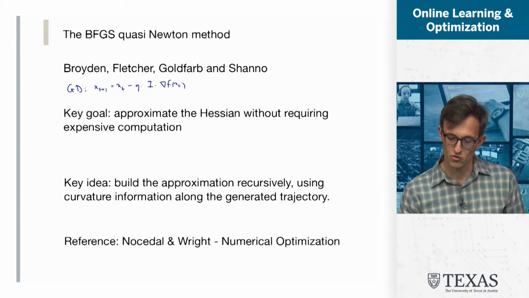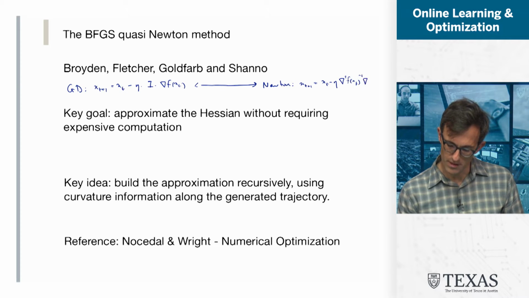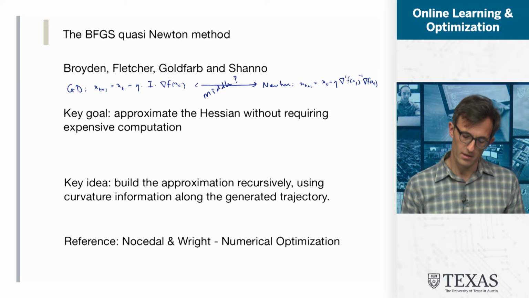And on the other extreme, we have Newton's method, which says that x_{t+1} is equal to x_t minus eta times the Hessian inverse times the gradient. And we want to see, what's in the middle here.